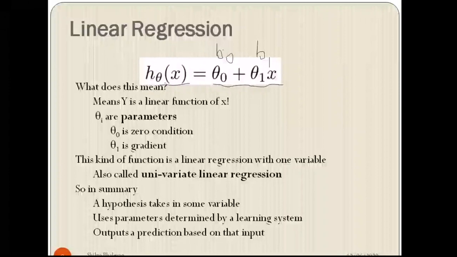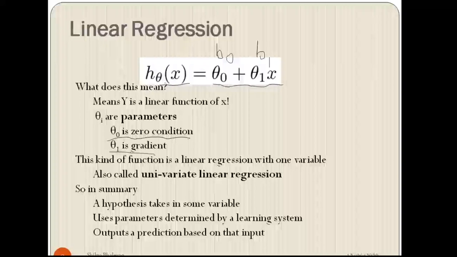Theta 0 is the intercept, and theta 1 is known as the gradient in machine learning. So theta 1 is basically the slope of the line.